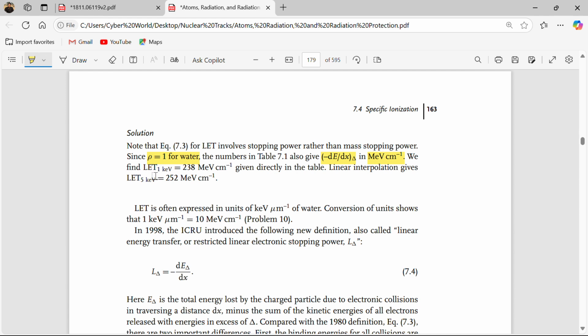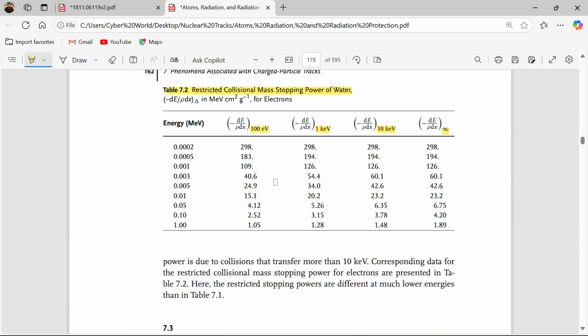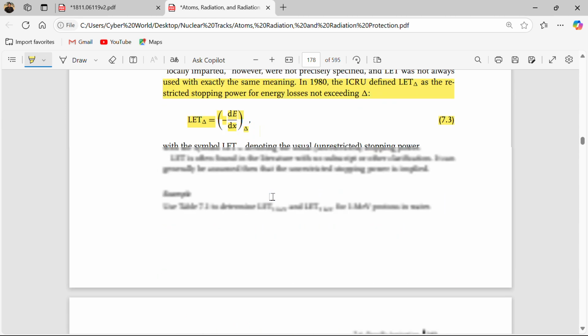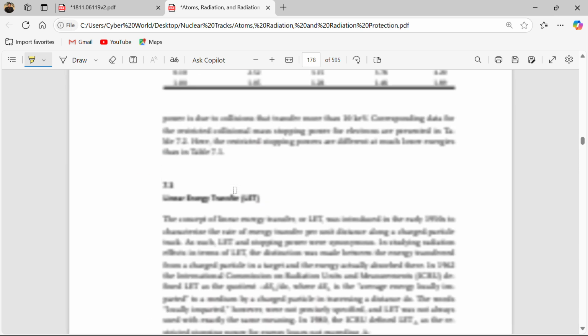We can find LET for 1 keV, which is 238 mega electron volts per centimeter. You can see it from this graph here.